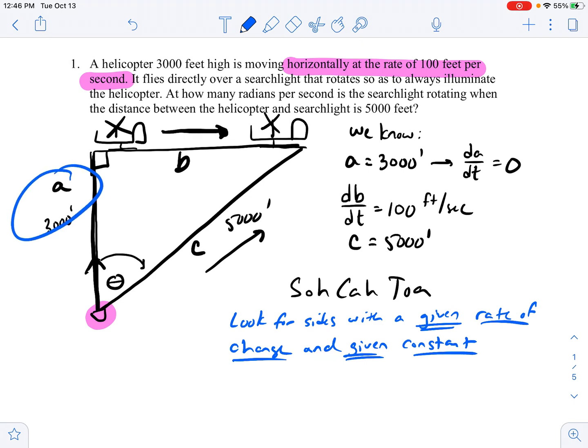And we have that here. If you think about it, side A is the side with the given constant. That's side A here. The side with the given rate of change is side B here. We were given the rate of change of side B, okay?